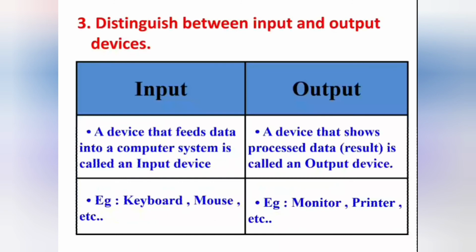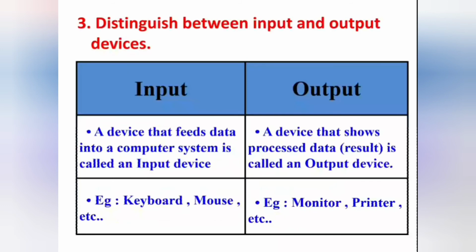So, that monitor is called the output device. One of the output devices. Could you understand, children? A device that shows the processed data. Processed data means result. A device that shows the result is called an output device. For example, monitor, printer, etc.